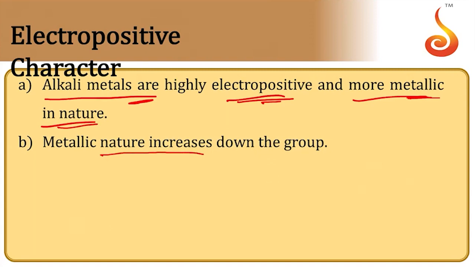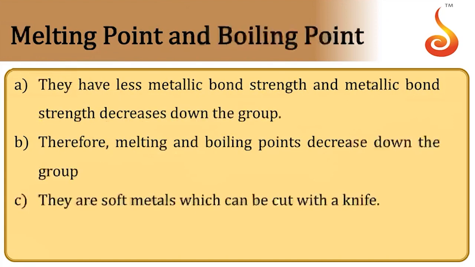The metallic nature increases down the group, because down the group electropositive nature is increasing, thereby metallic nature also increases down the group. Second group elements are lesser metallic in nature because they have lesser electropositivity. But again, down the group, metallic nature increases.